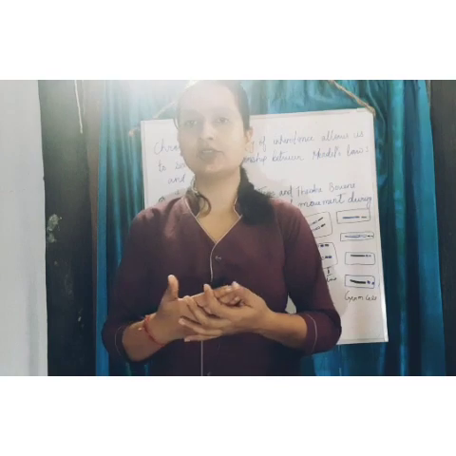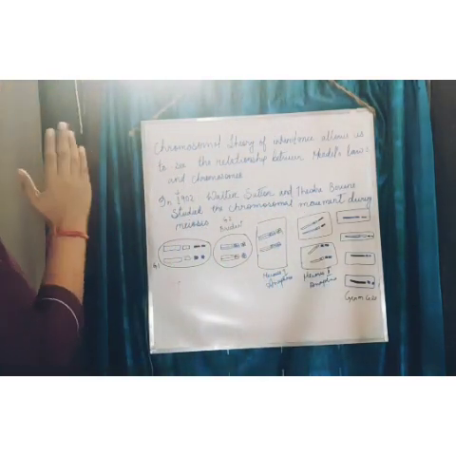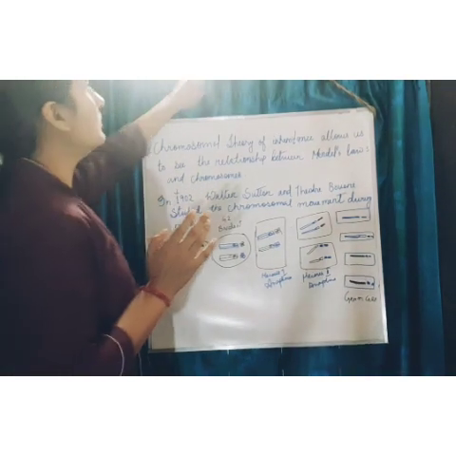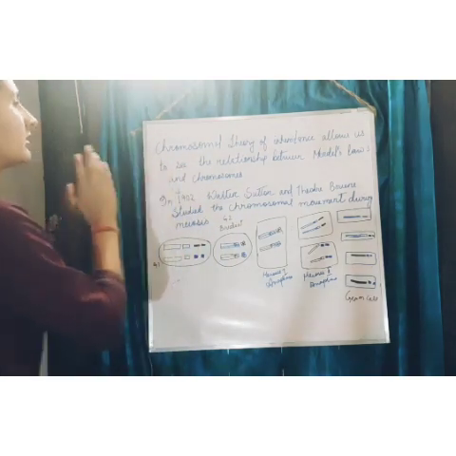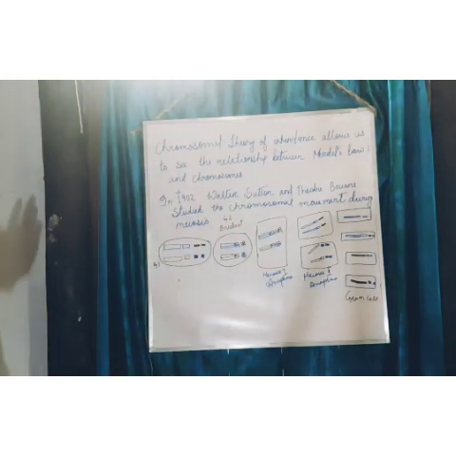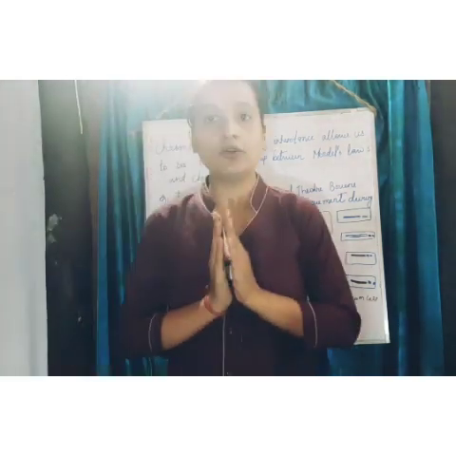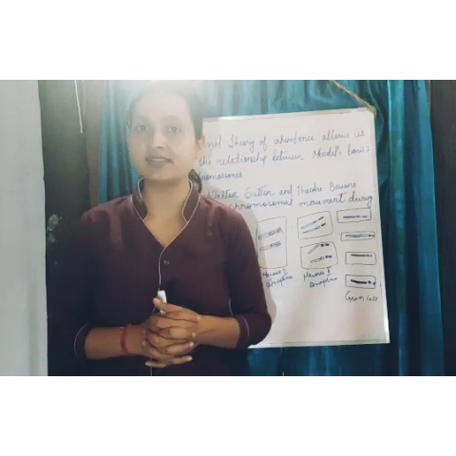Now what is the chromosomal theory of inheritance? I will explain it to you. So just look here. Firstly, let us know what the chromosomal theory of inheritance is. It allows us to see the relationship between Mendel's laws and the chromosome. The Mendel laws are the law of dominance, law of segregation, and law of independent assortment.